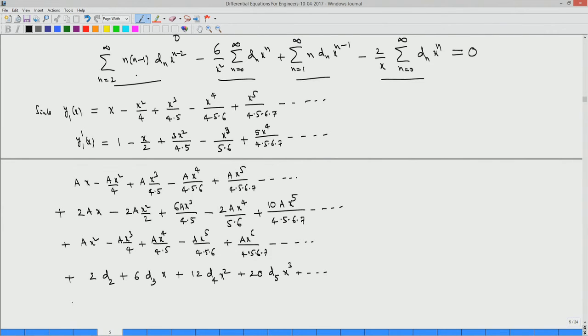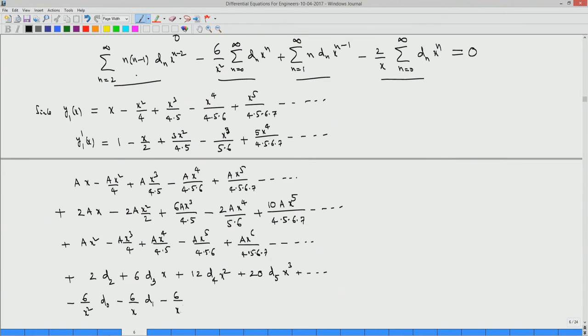So the next one is minus 6 by x square d. With n equal to 0, d0, and then minus 6 by x square, n equal to 1 will give me d1 x, so this x goes, so 6 by x.